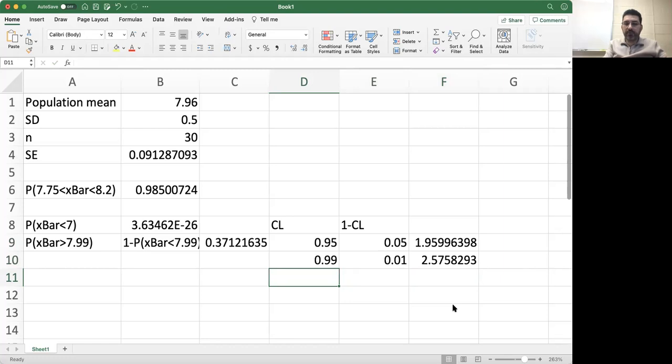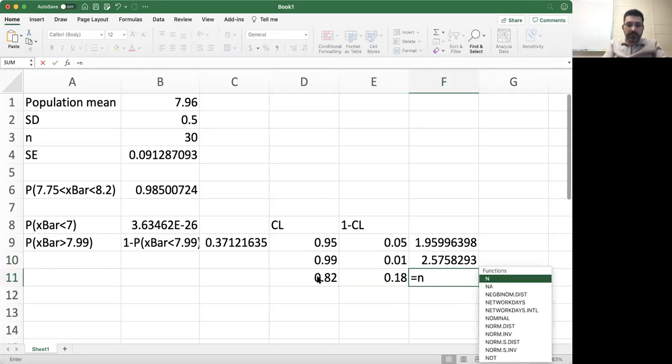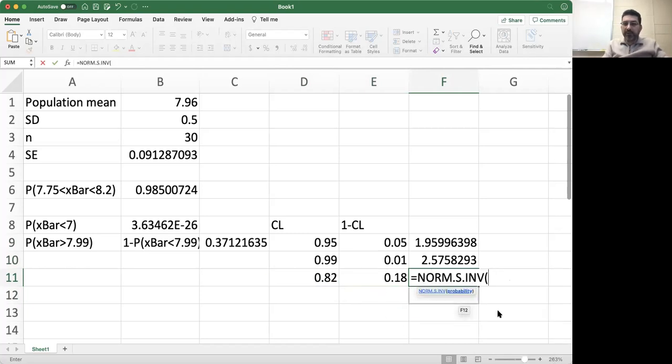For example, suppose 0.82. So the remaining is 1 minus 0.82, so it will be 0.18. So Z in this case will be NORM.S.INV, and you will put here 1 minus 0.18 divided by 2, as you can see here.